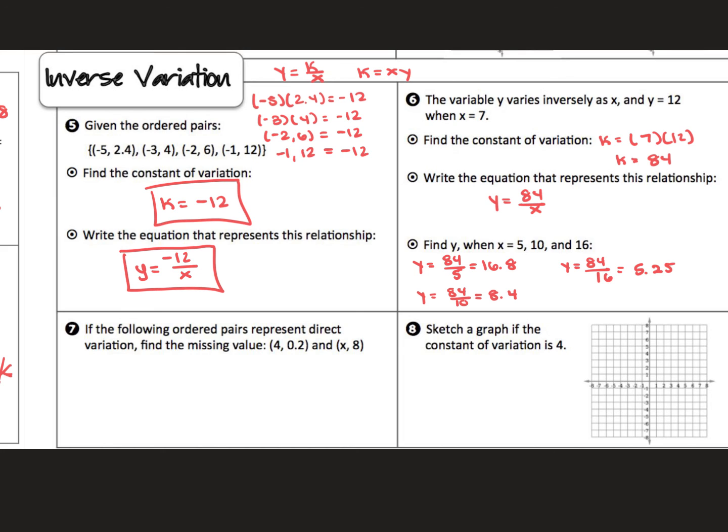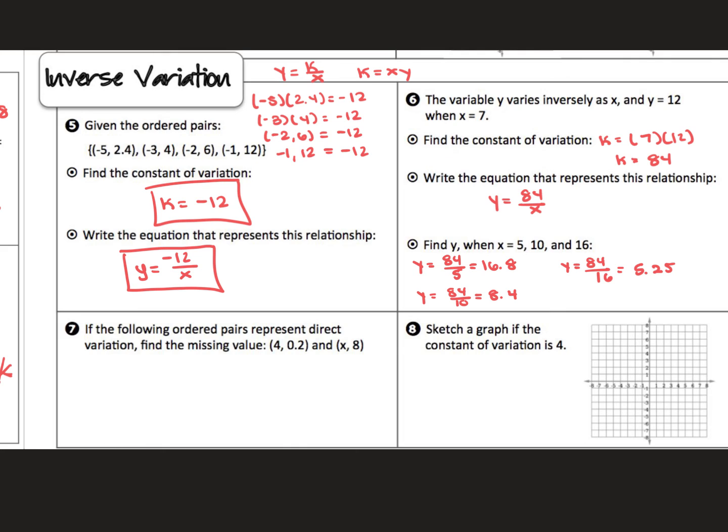All right, looking at number 7, if the following ordered pairs represent an inverse variation, find the missing value. They give us the points (4, 0.2) and (x, 8). So we're looking for that missing value of x. Just like with the direct variation, we use that constant relationship for k to find the missing value.